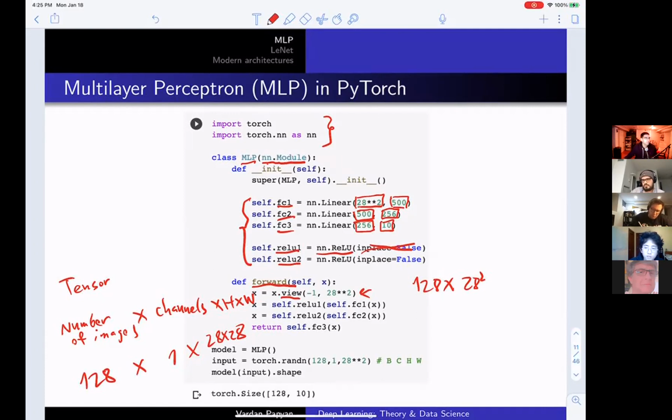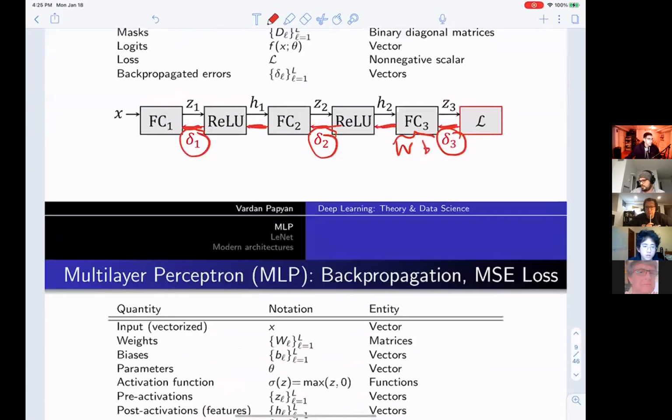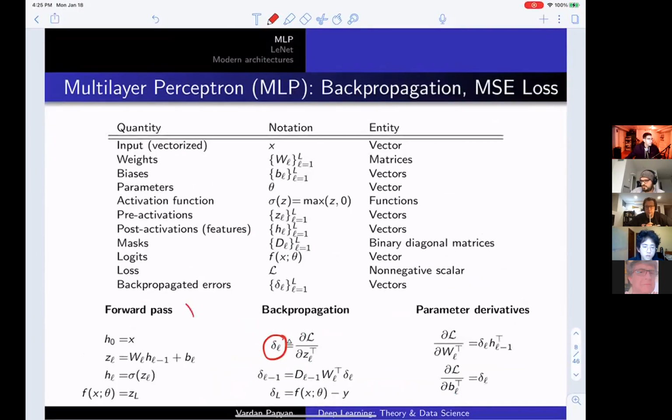So, yeah. Would you mind repeating what forward means again? Yeah. So forward is going to essentially implement these equations of the forward pass. It's just going to take an input X and then apply a bunch of linear layers and also nonlinear layers.